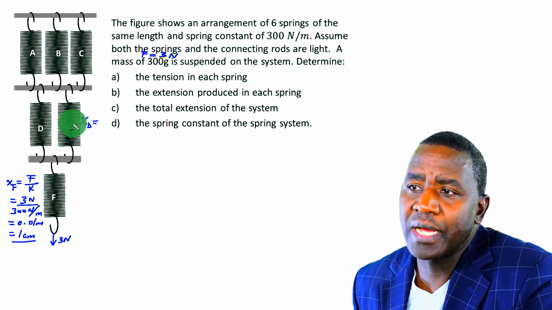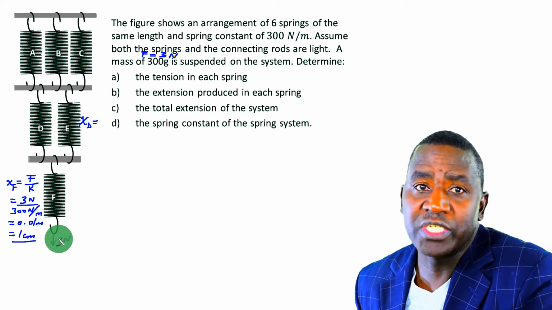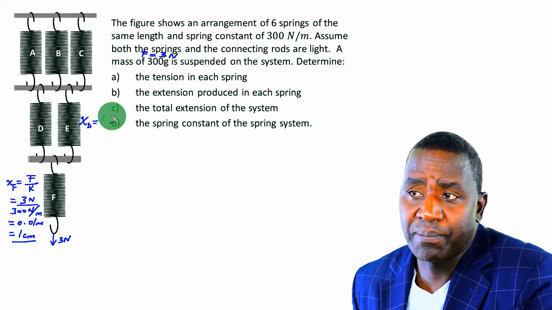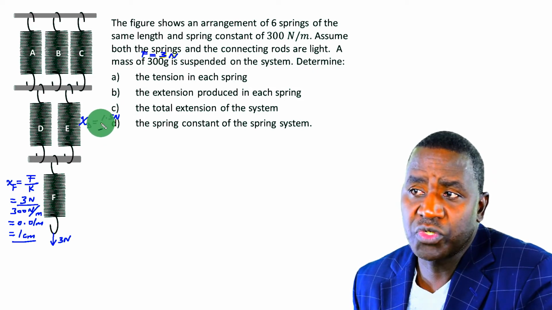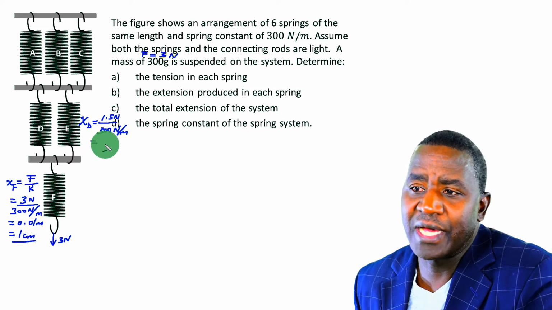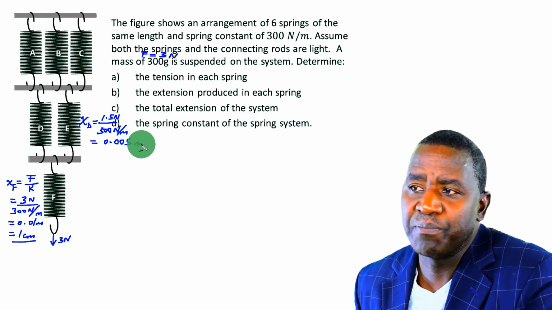Remember, if springs are arranged in parallel, they will share this force. So each one of them will take 1.5 newtons. So 1.5 newtons, again divided by 300 Newton per meter. If I manipulate that, I'm going to get an extension of 0.005 meters, and this is the same as 0.5 centimeters.